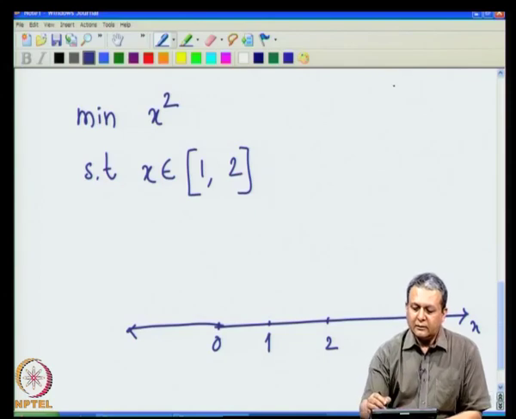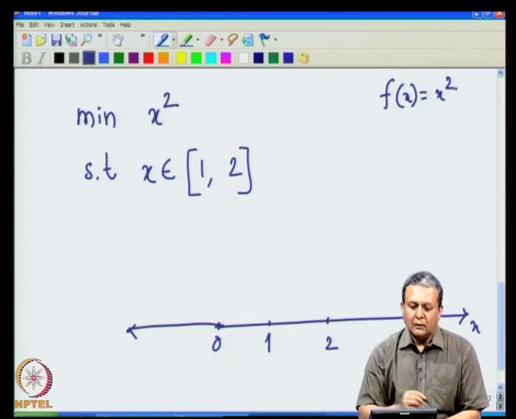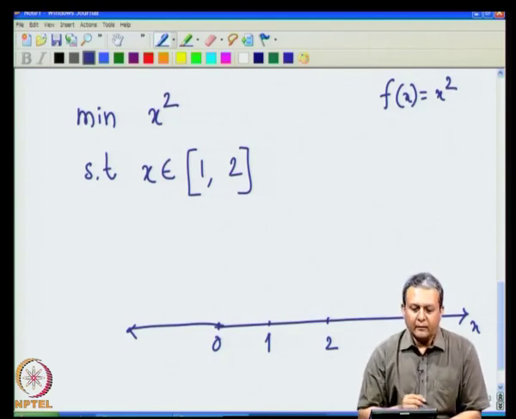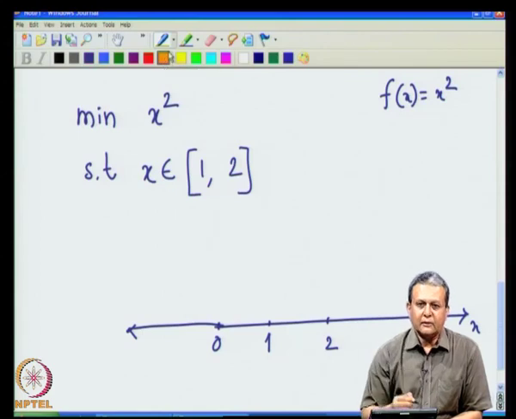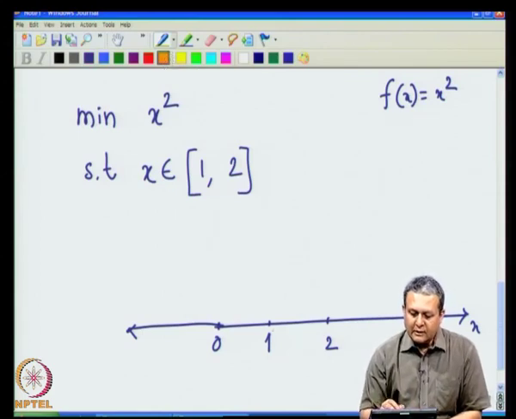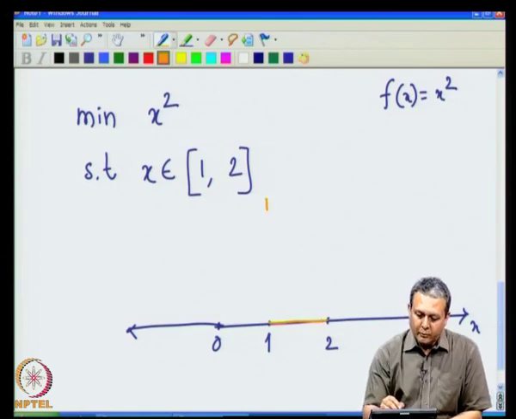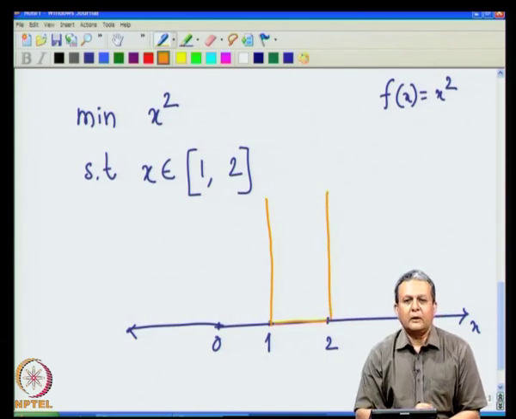Now, f x is equal to x square. Let us look at how the psi x would look like. So, if we consider psi x, it is 0 in this region and goes to plus infinity in this region.